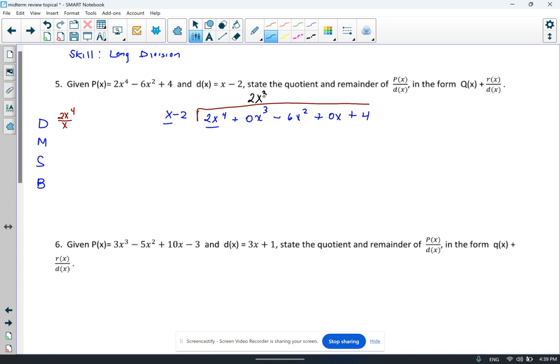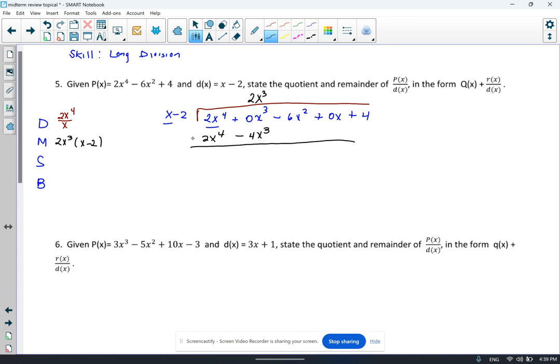Make sure to line it up under the proper coefficient in the dividend. You then multiply that 2x cubed by the divisor, and you get 2x to the fourth minus 4x cubed.